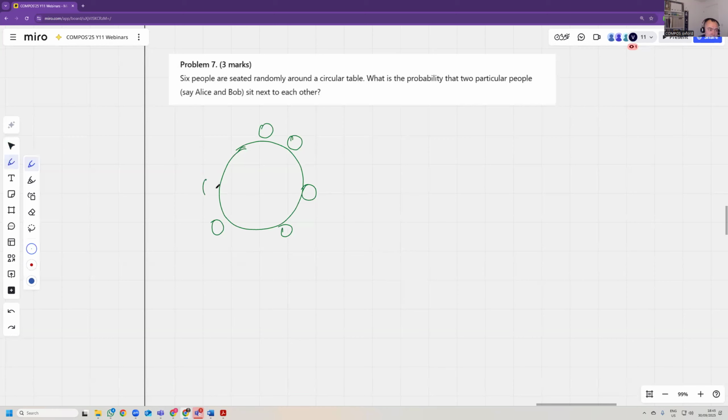The problem with circular tables is that if people sit like this, 1, 2, 3, 4, 5, 6, this is deemed equivalent to people sitting like this, 1, 2, 3, 4, 5, 6. So there's a degree of freedom here.